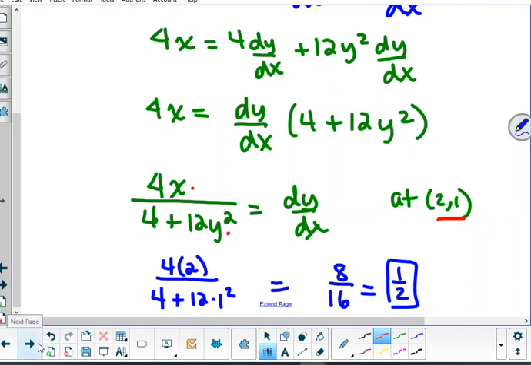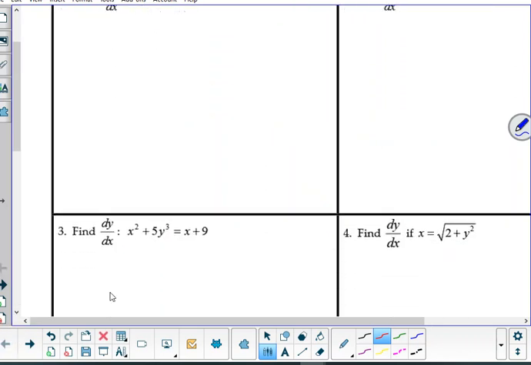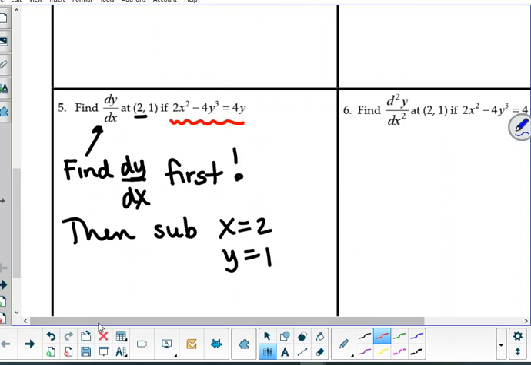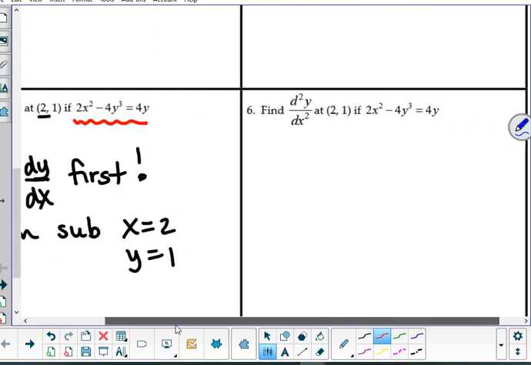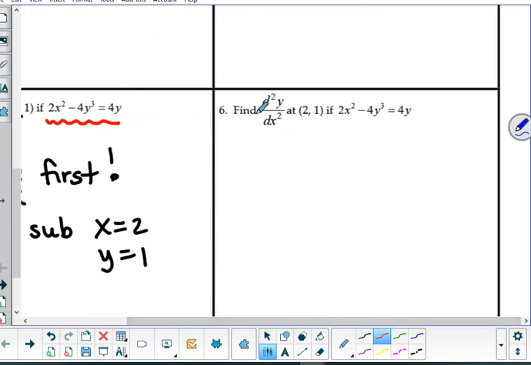Okay, so the reason I wanted to start with this problem is because there's a follow-up problem to this problem. The follow-up problem is to find now the second derivative of the exact same expression.